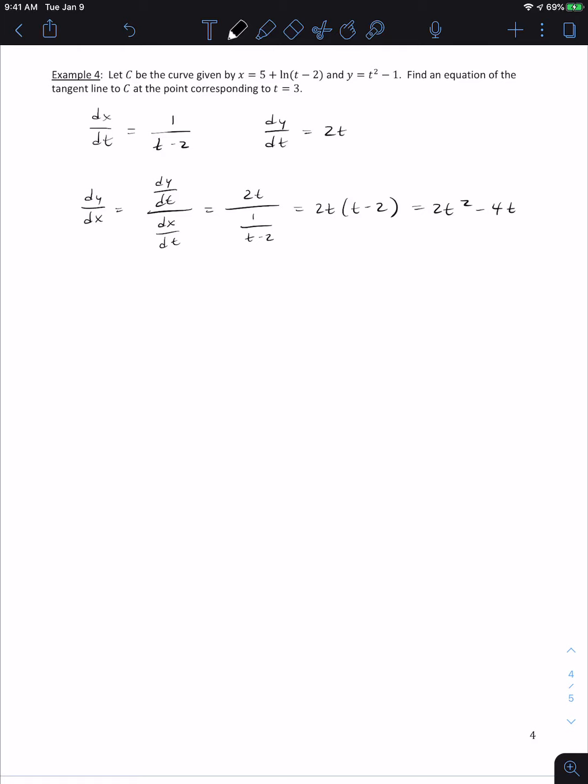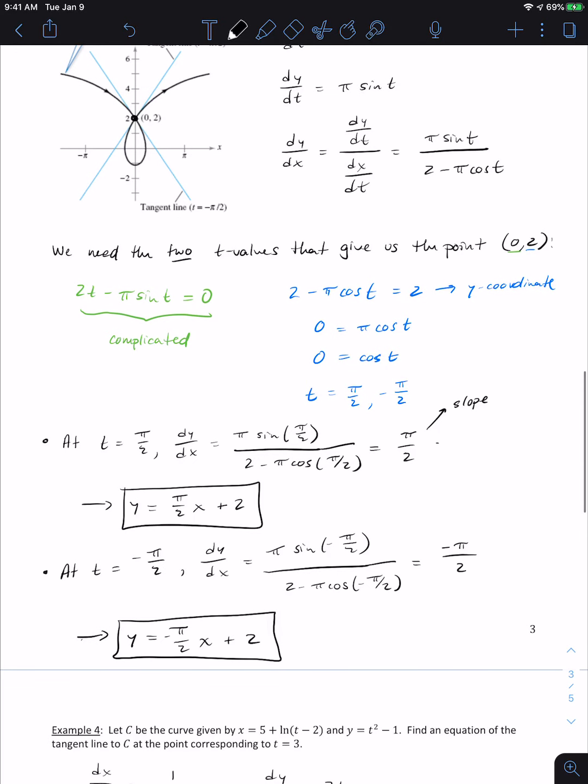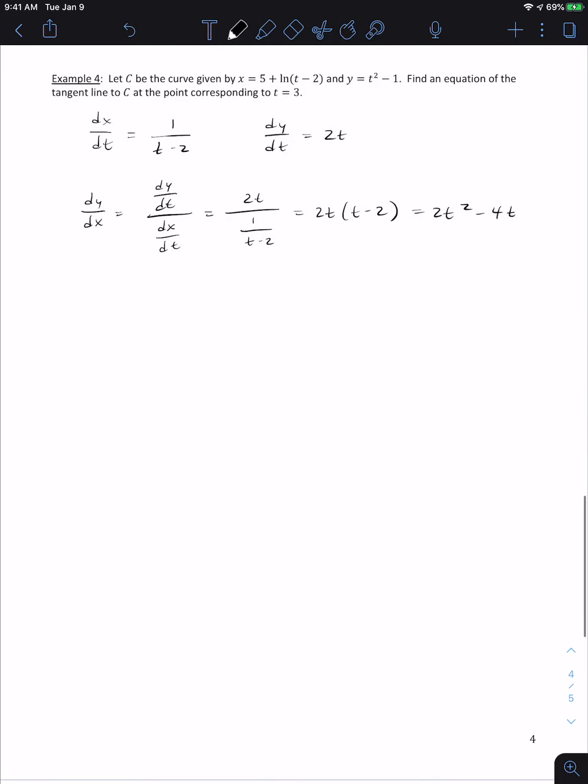Right? And so now we can find our derivative, but actually in this case we need to find our point. In the earlier case we knew that the point was the y-intercept, the point 0, 2, but in this case we don't have that luxury, so we actually need to find our point. So let's find the point corresponding to t equals 3.